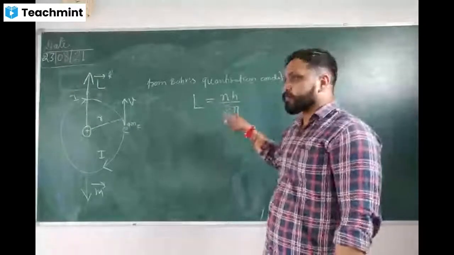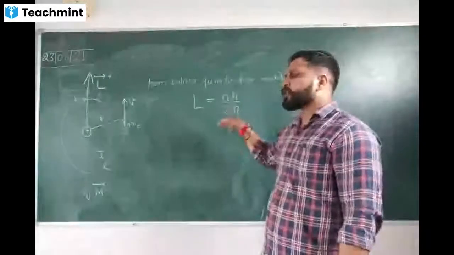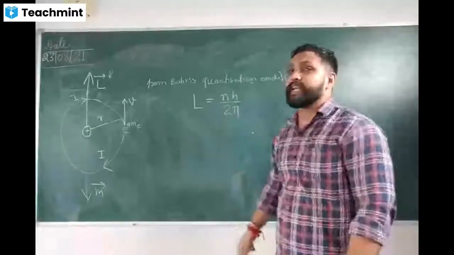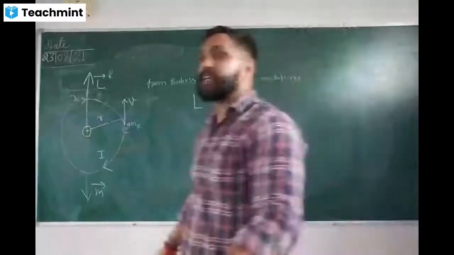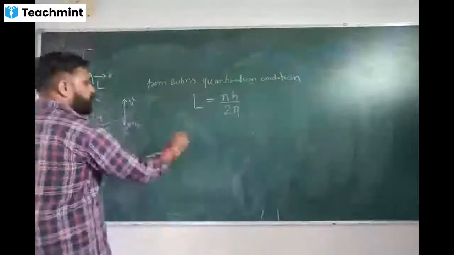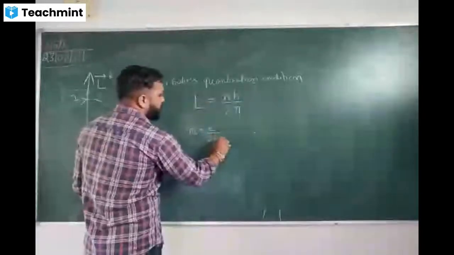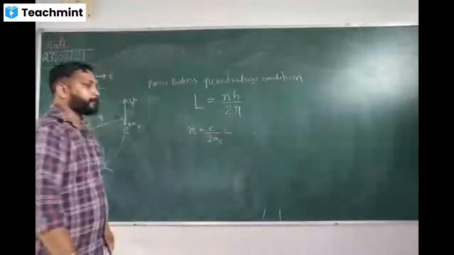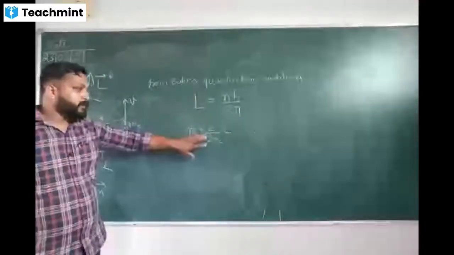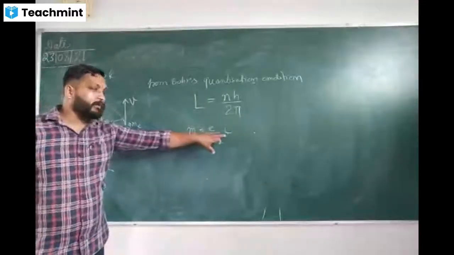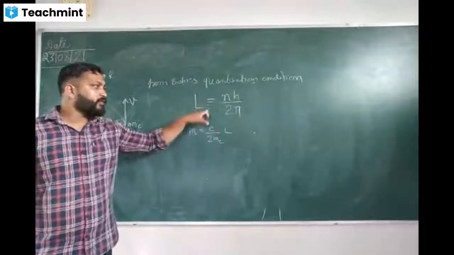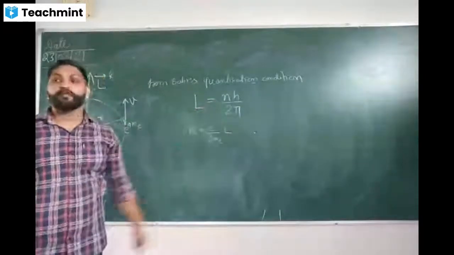And while revolving in those orbits, electrons do not radiate any energy. This is the stationary condition. Now we know the relationship between magnetic moment and angular momentum: M equals e upon 2me into L. Here, instead of L, I can write the value nh upon 2 pi.